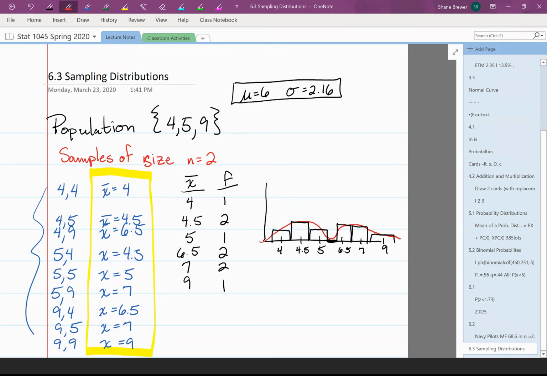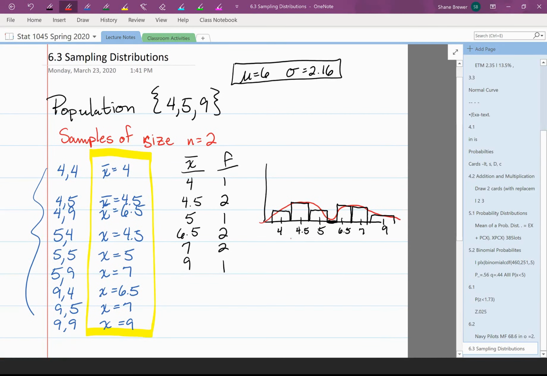This is the graph of the sample means. So that's what we mean when we talk about a sampling distribution.